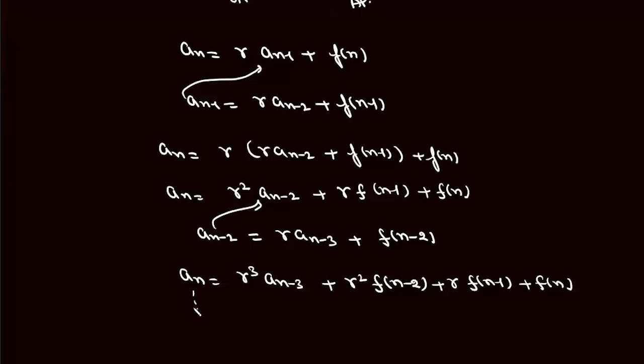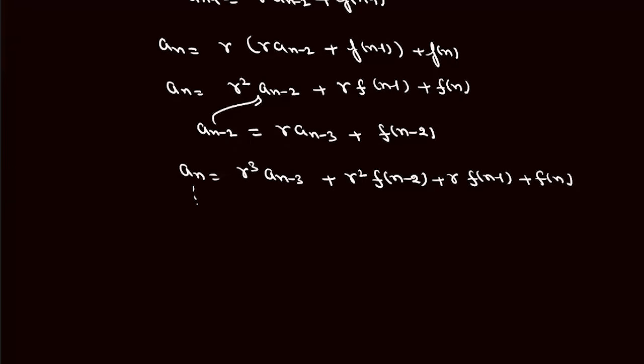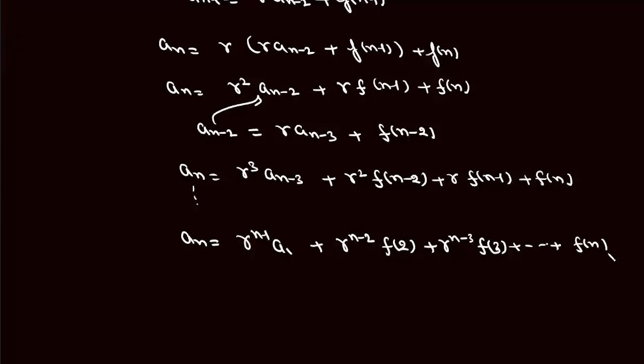And if we continue like this till A1, we can write this as A(n) equals R to the power n minus 1 A1 plus R to the power n minus 2 F2, R to the power n minus 3 F3, up to Fn, or simply A(n) is R to the power n minus 1 A1 plus this summation where k varies from 2 to n, R to the power n minus k Fk.